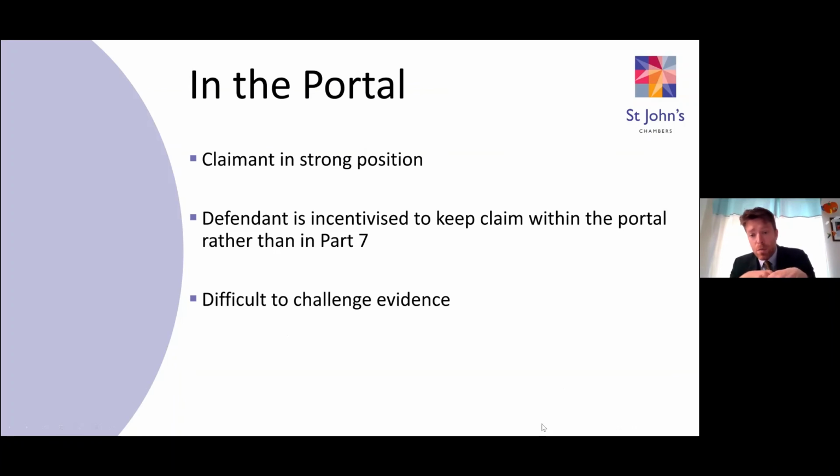So if the defendant wants to challenge this evidence through cross-examination, for example, they would need to effectively pull the claim out of the portal and allow the claimant to start Part 7 proceedings. But doing so would greatly increase the fixed costs that the defendant would have to pay the claimant. So there is a really strong disincentive for defendants to pull claims out of the portal.